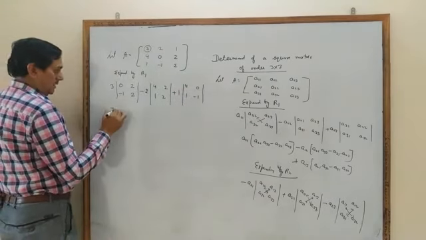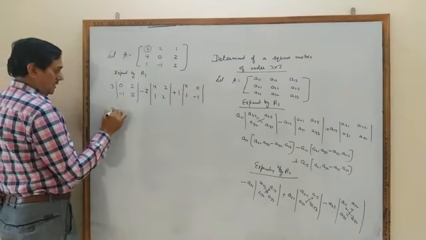3. Multiply 0 by 2, 0; minus 1 multiply by 2, minus 2. So you can directly make it positive, plus 2. 4 times 2 is 8, minus 2, plus 1. 4 multiply by minus 1, minus 4, minus 0.